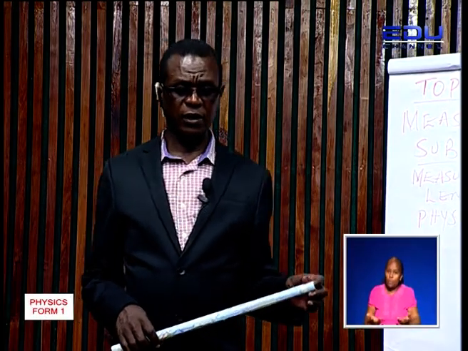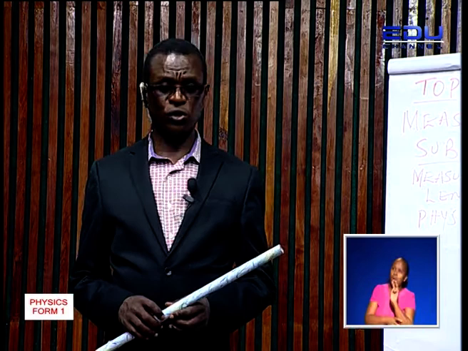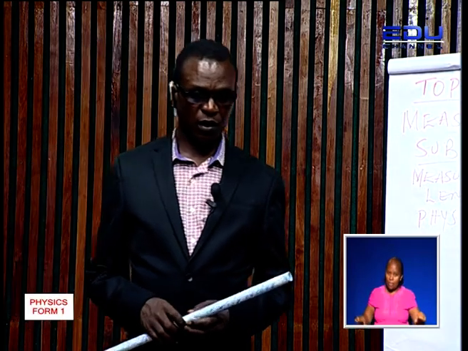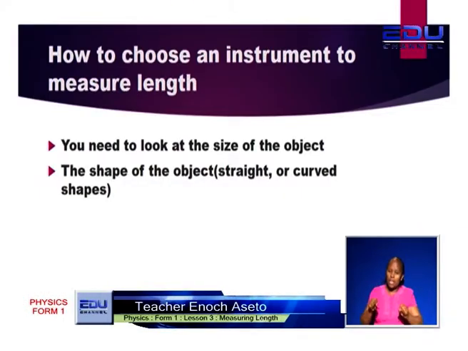Let's now see how we can choose an instrument for measurement of a particular length. One of the things that determines the choice of an instrument are: we need to look at the size of the object, and the shape of the object.